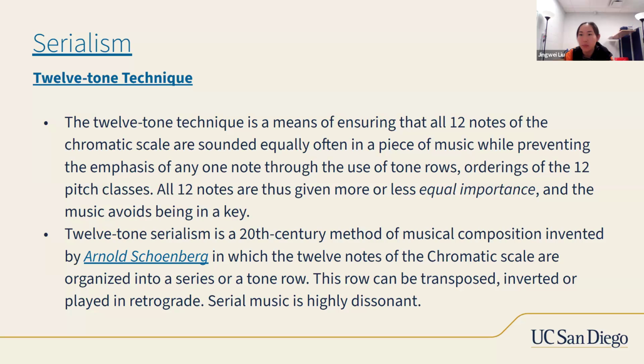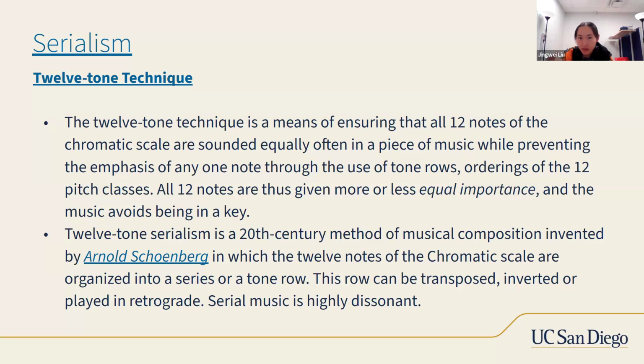In this serialism, it sequences the 12 notes with equal importance, which means there's no consideration of any defined relationship, like the tonal center, and also no consideration or requirement of consonant intervals in composition.